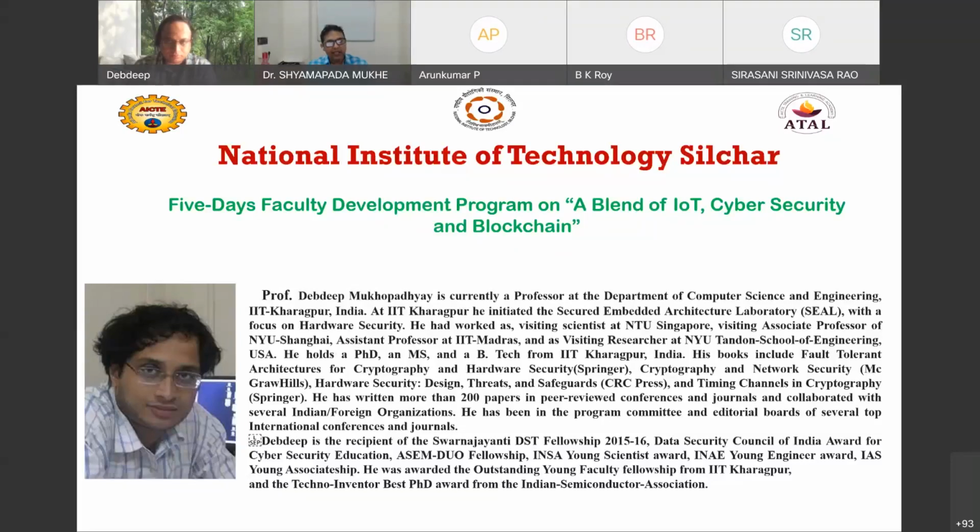Professor Debdeep is the recipient of the Swarnajayanti DST Fellowship 2015-2016, Data Security Council of India Award for Cyber Security Education, INAE Young Engineer Award, INSA Young Scientist Award, and IAS Young Associateship. He was awarded the Outstanding Young Faculty Fellowship from IIT Kharagpur and the Techno Inventor Best PhD Award from the Indian Semiconductor Association. We are welcoming you to this course, sir.